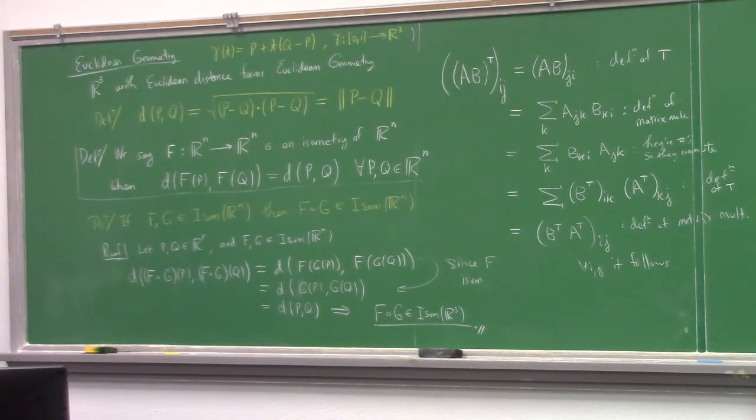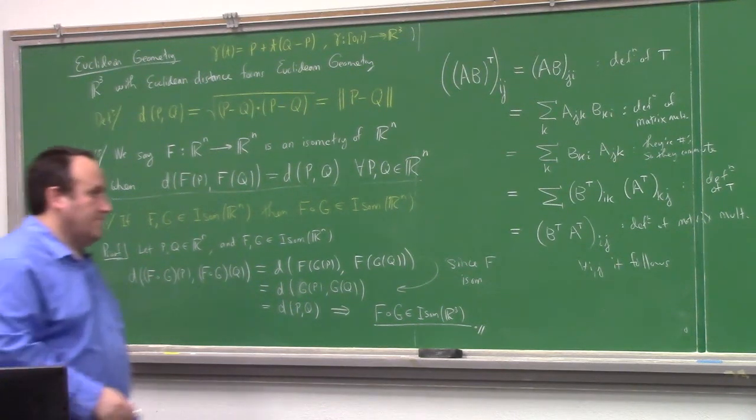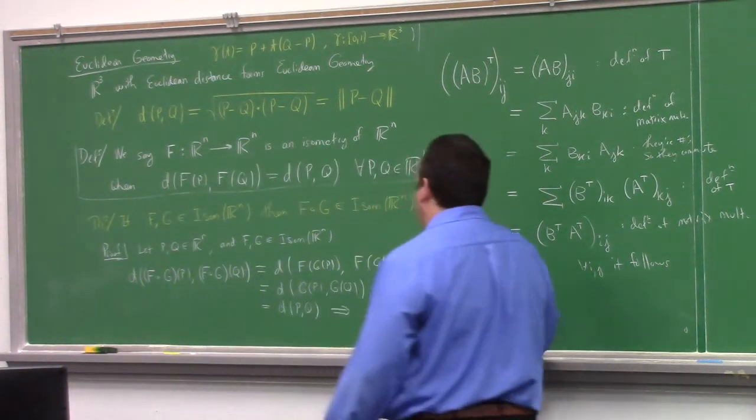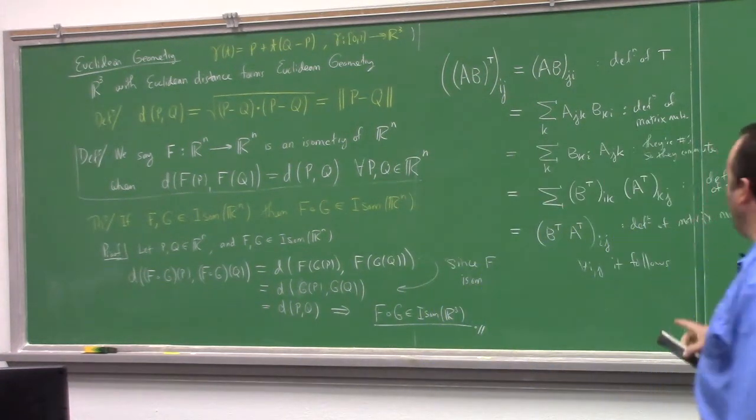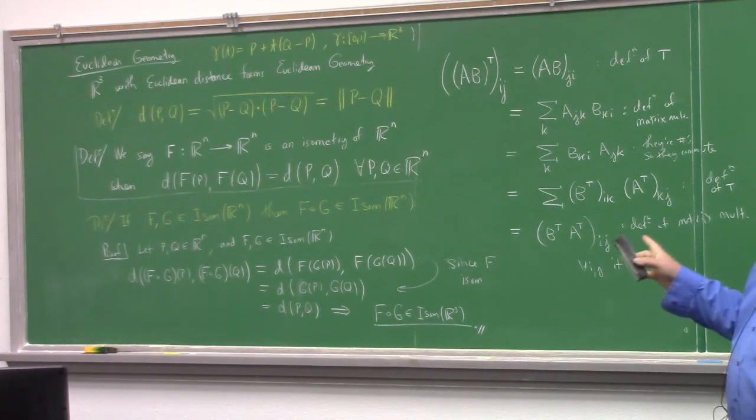So this is not really just a theorem about Euclidean geometry. This would also be true for isometries in hyperbolic space or something else. I'm going to leave that. I feel like I'm going to need it.